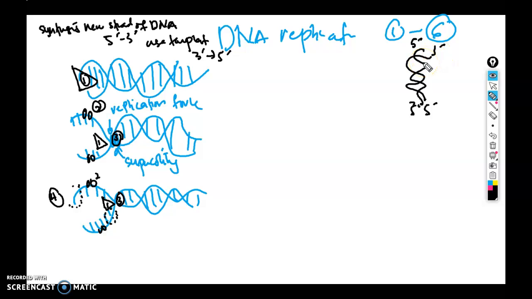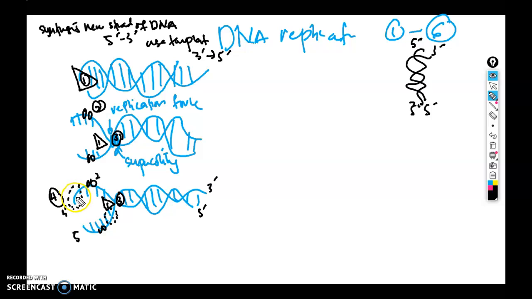So refresh back the structure of the DNA in chapter 1. Because the rule is to use template 3' to 5', so here is 3' and here is 5', due to the nature of the anti-parallel, and 3' here. Maknanya the template is starting from here and this starting from here.